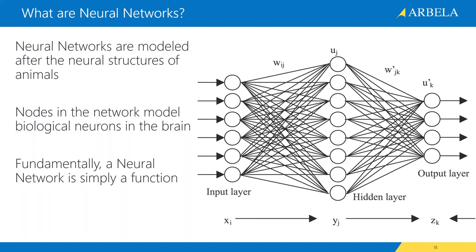And it might seem like a lot is going on there, and in a sense there is, but fundamentally a neural network is really just a function, right? It takes input, it does something crazy in the middle, and at the end it comes out with the output. And that's the only difference between a neural network and a classical function: the craziness that happens in the middle is not explicitly defined by the designer.